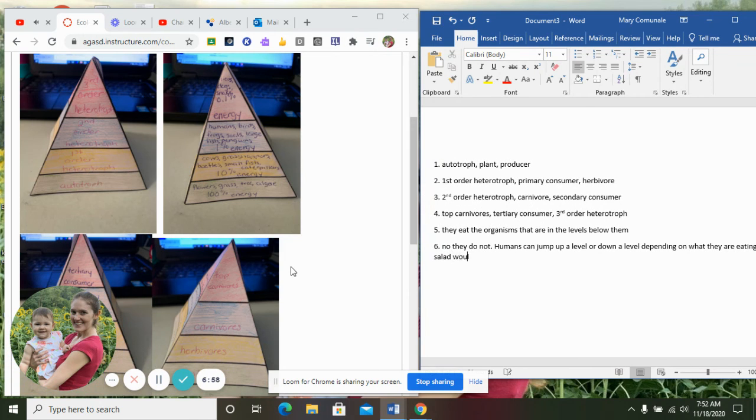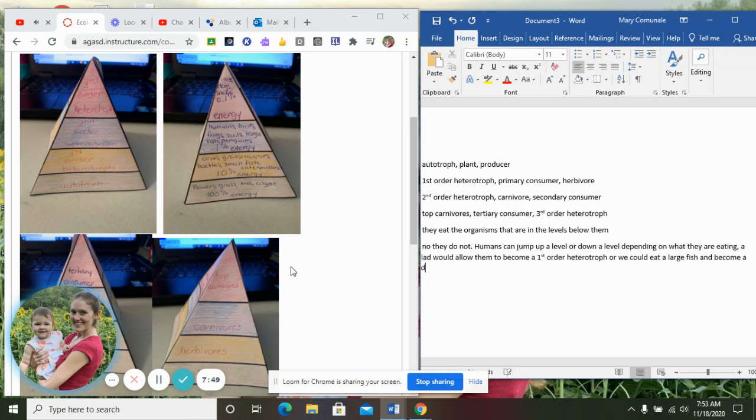A salad will allow them to become first order heterotroph, or we could eat a large fish and become a third order heterotroph.